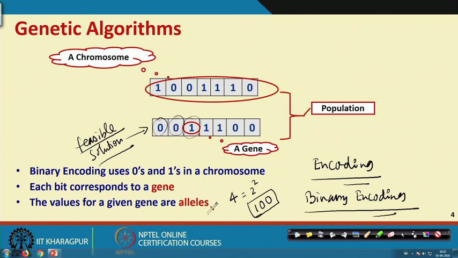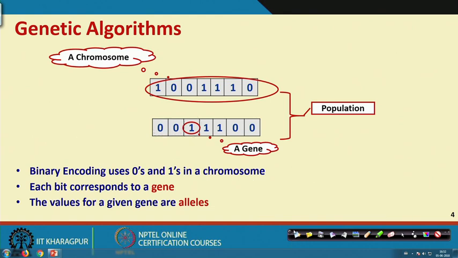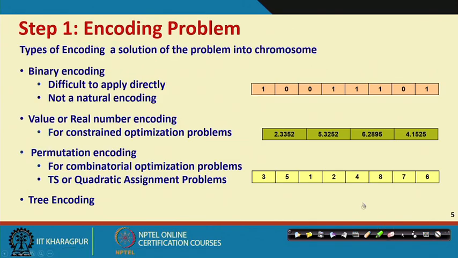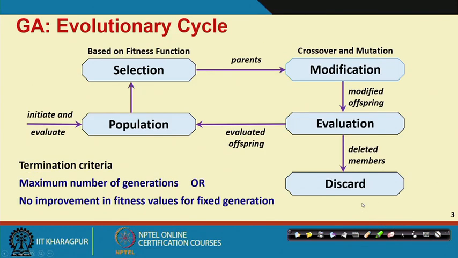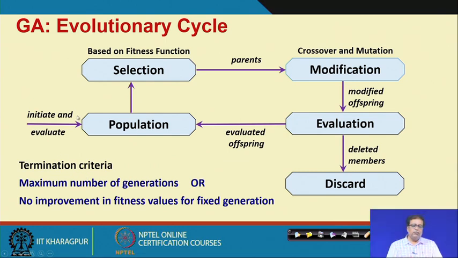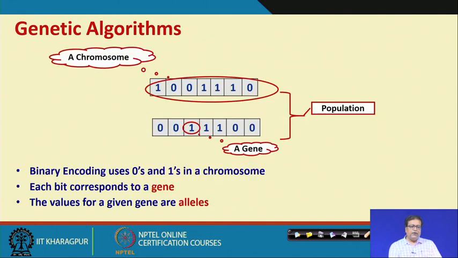So, if you go back to our previous slide, you can see that the population is to be initiated by defining a chromosome for a given solution.